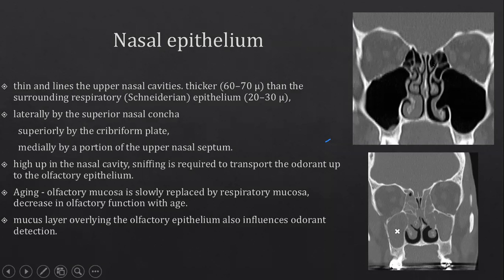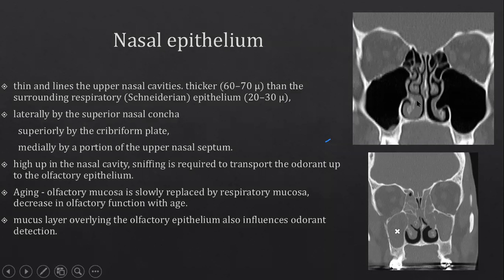And this is the area which will atrophy as we all age, hence explaining why the sense of olfaction becomes poor as we age. The other epithelium, of course, is much more lateral, which covers all the turbinates and the nasal mucosa, and that is the respiratory epithelium. That is essential for producing mucus, which will moisten the air, and which is also responsible for forming a very thin coat on the surface of the olfactory epithelium, and is especially important for proper functioning and proper transmission of the impulses on the surface of the olfactory epithelium.